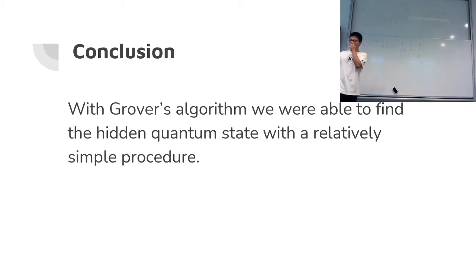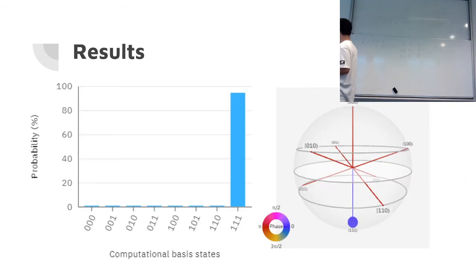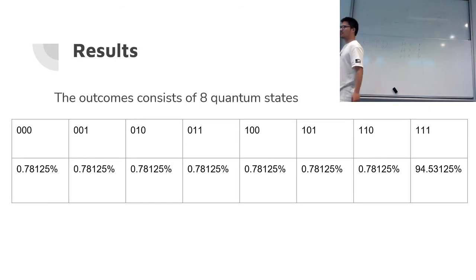So regarding the percentages, it could be because in Grover you have to repeat this block, this oracle, and then the other thing, and then you repeat that several times. What it does is it gradually changes the initial state, which is a superposition state, into the final state, right?